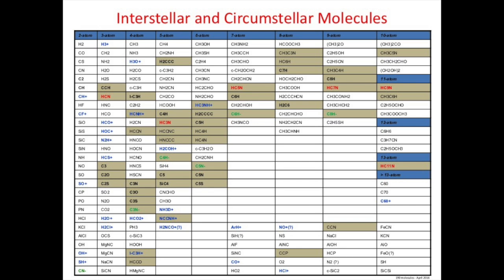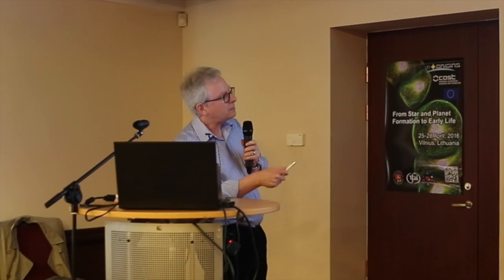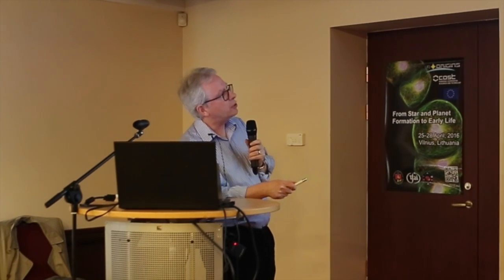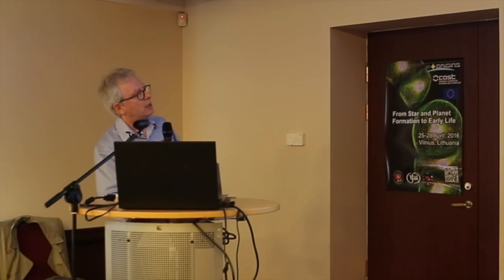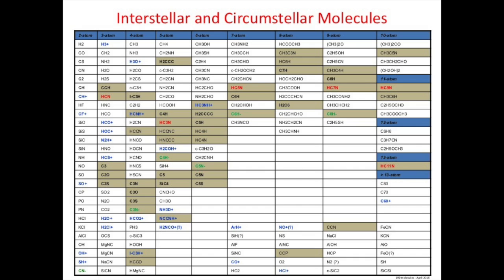I've color-coded a number of these. So in red, I have the cyanopolyenes from HC3N right up to HC11N. So there's a carbon chain here. In green, I've marked the anions that have been detected now. Over the last decade, half a dozen anions have been detected in space.